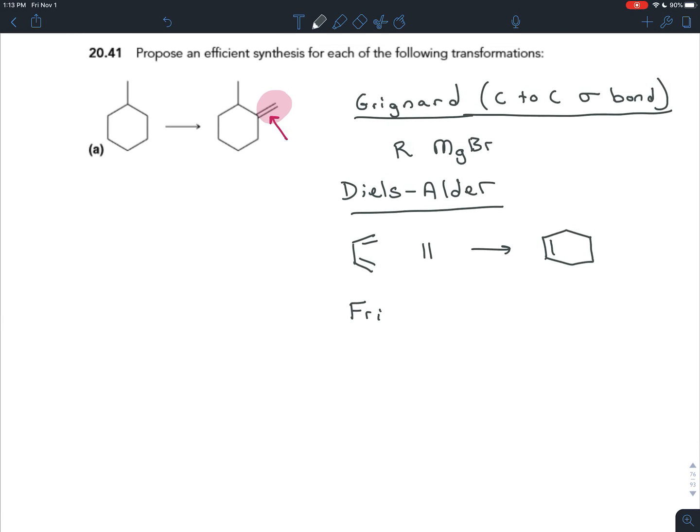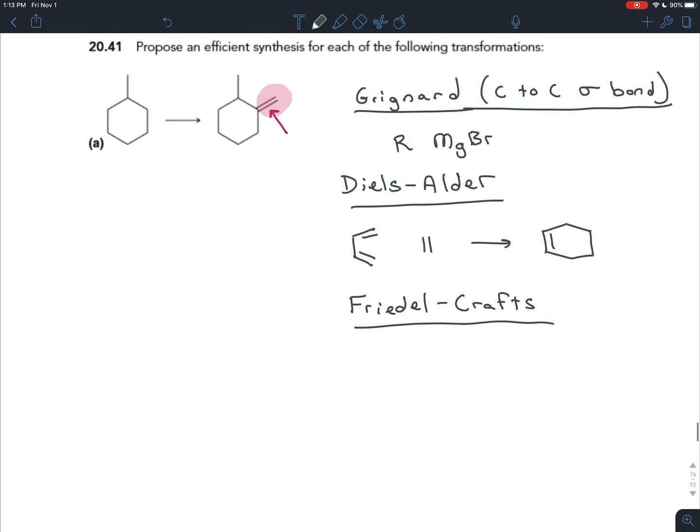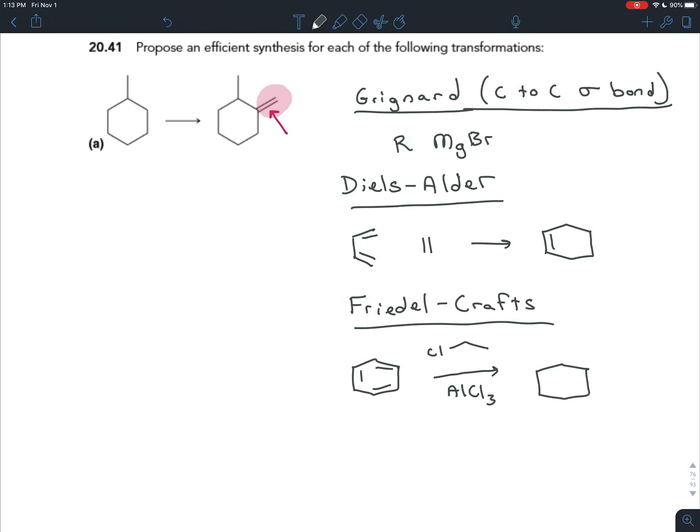We could do a Friedel-Crafts reaction. That's another carbon-to-carbon bond reaction that we've learned. And you could do alkylation or acylation. In both of those cases, you need some sort of a benzene. And if you treat a benzene ring with just some carbon chain that has a chlorine on it, and then you use AlCl3, that will put the carbon chain onto the benzene. So that's alkylation. And you could also do a similar thing, which is acylation.